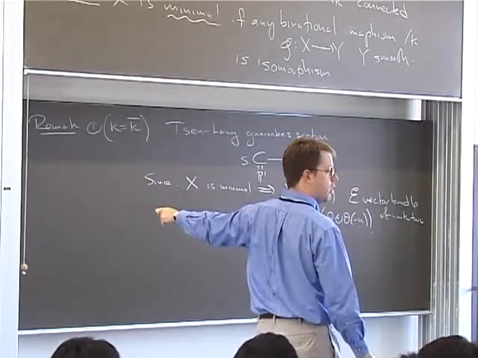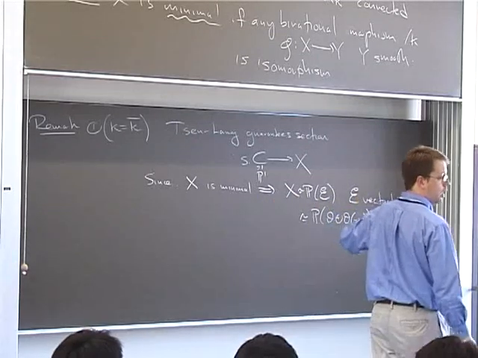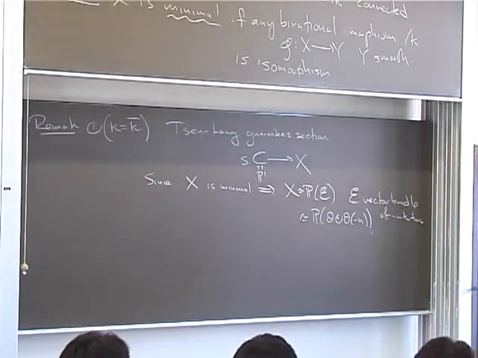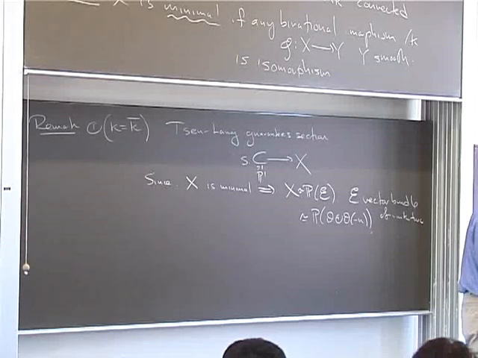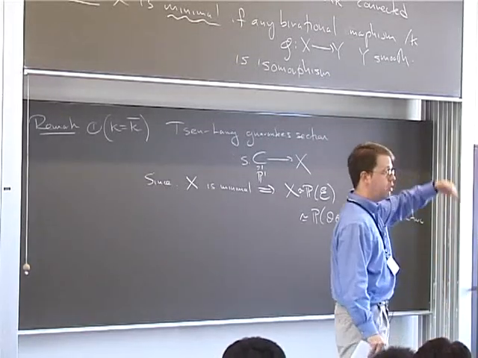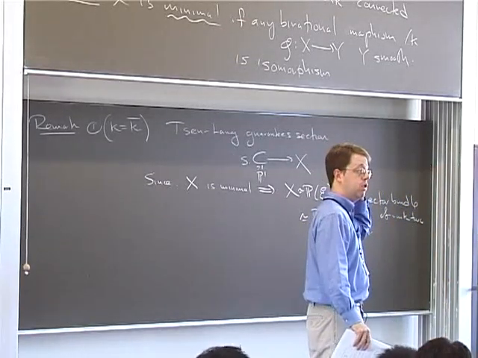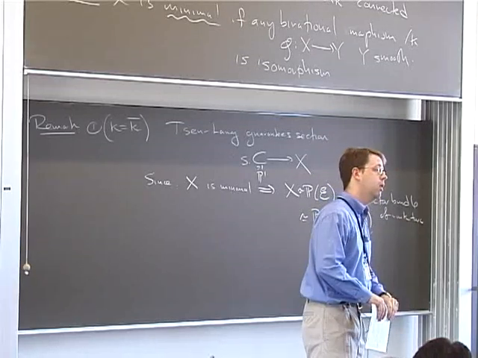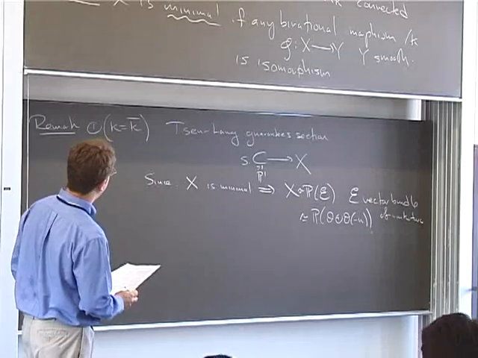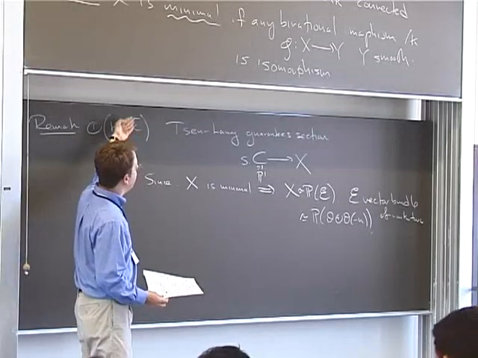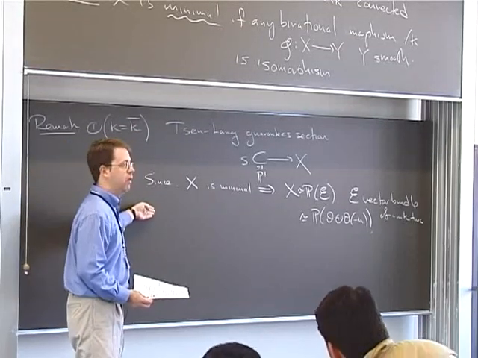So the valuative criterion allows you to extend the rational section to a regular section. So when you're working over a function field of a curve, the valuative criterion allows you to identify rational sections with regular sections, provided the morphism is proper. So this is why we don't care about conic bundles.